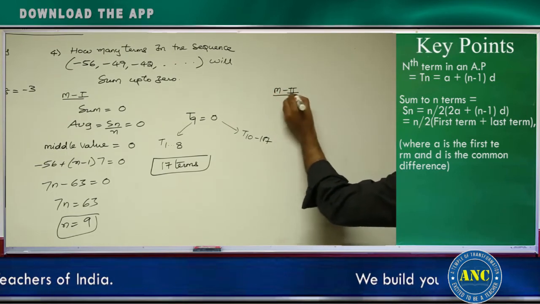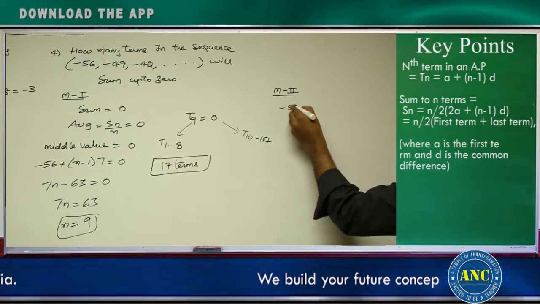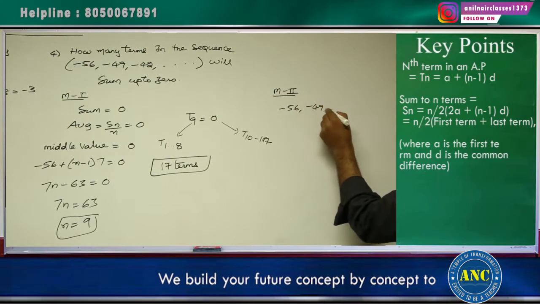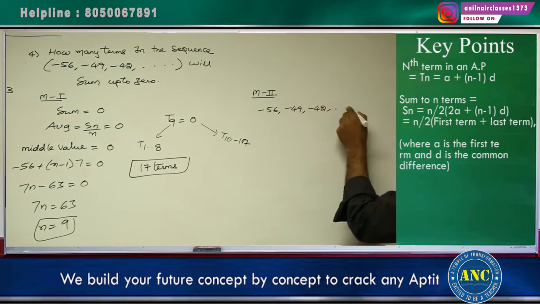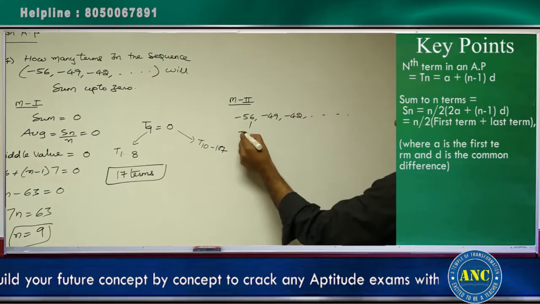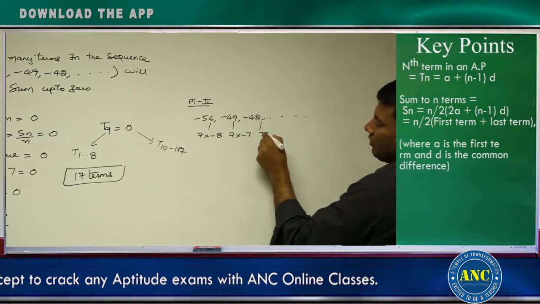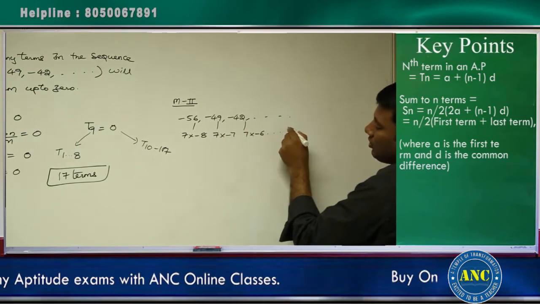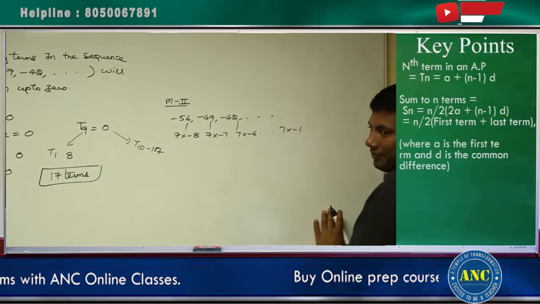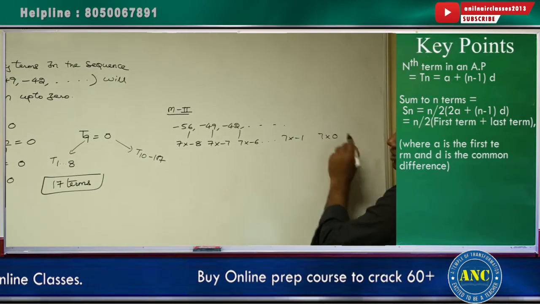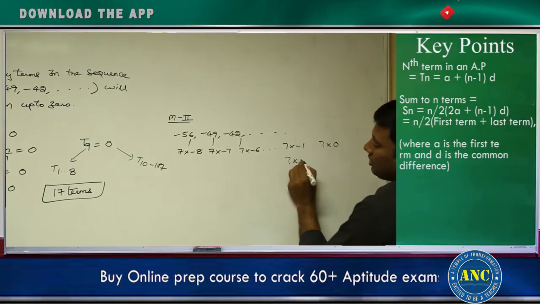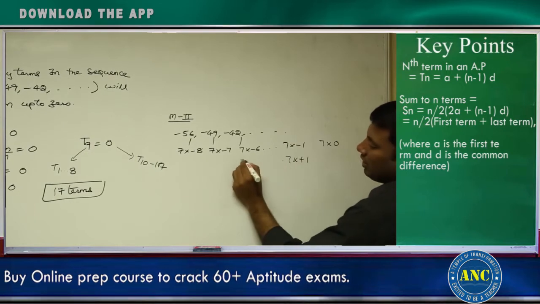Method 2. Listen carefully. What is the series? Minus 56, minus 49, minus 42. What is this value? 7 into minus 8, 7 into minus 7, 7 into minus 6, and so on up to 7 into minus 1. Next one will be 7 into 0, then 7 into plus 1, and so on up to 7 into plus 8.